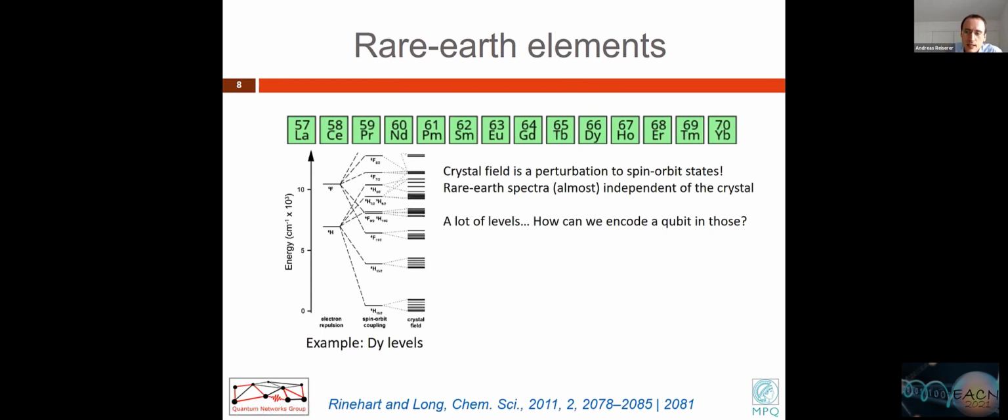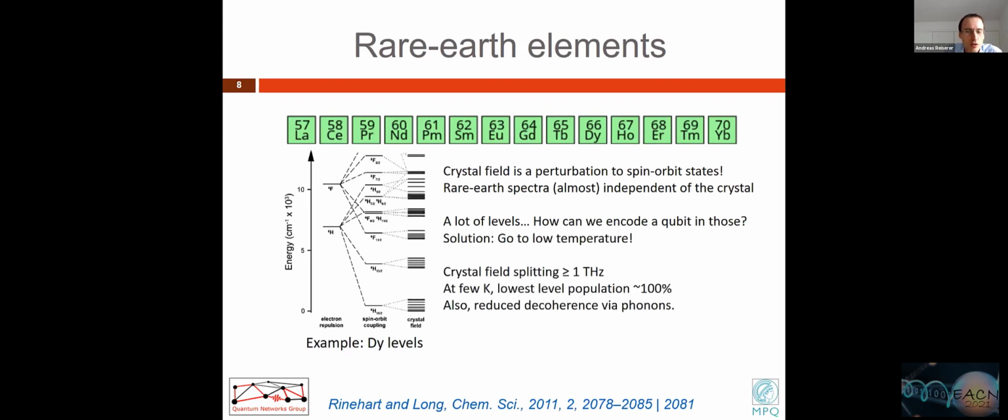And now the experimental challenge is how to encode a qubit in those, because a qubit is often just modeled as a two-level system. The solution is actually to just go to low temperature, because the typical crystal field splitting is on the order of a terahertz.